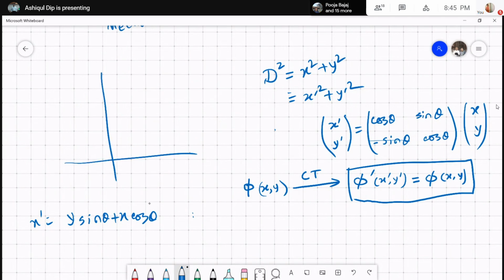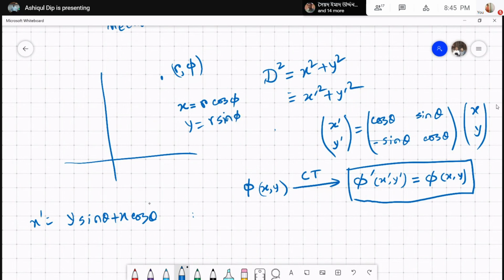So this point is represented by r and phi, connected by this relation. If we had previously the Cartesian coordinate, x is r cosine phi and y is r sine phi. By this formula, these two are connected.